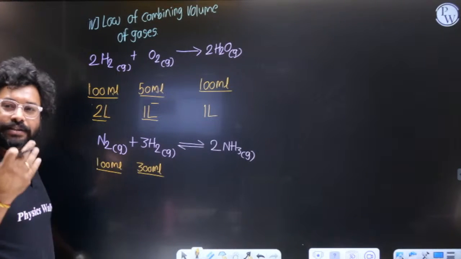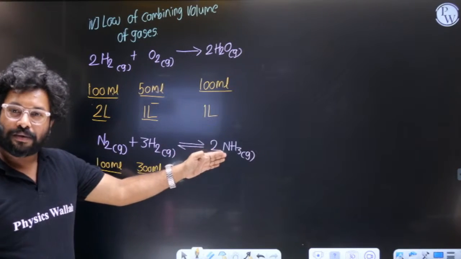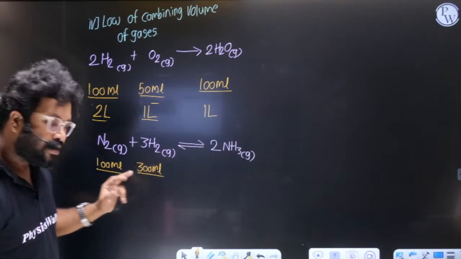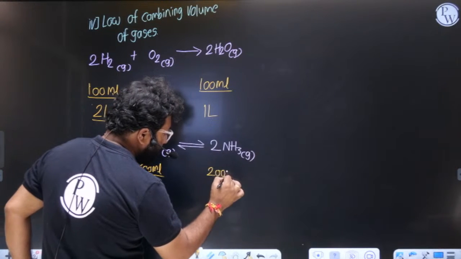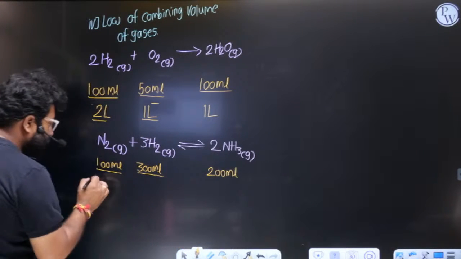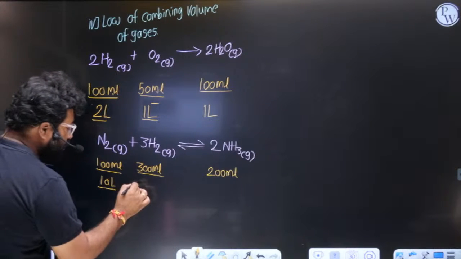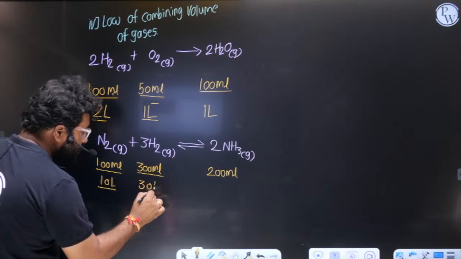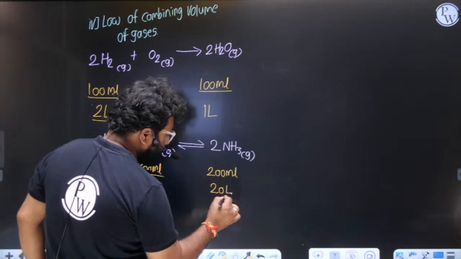And similarly, just observe the ratio between number of moles of nitrogen and number of moles of ammonia. It is 1:2. So if this is 100 ml, this has to be 200 ml. You can make it like this as well. If you take this as 10 liters, you need hydrogen as 30 liters, which will produce 20 liters of ammonia gas.